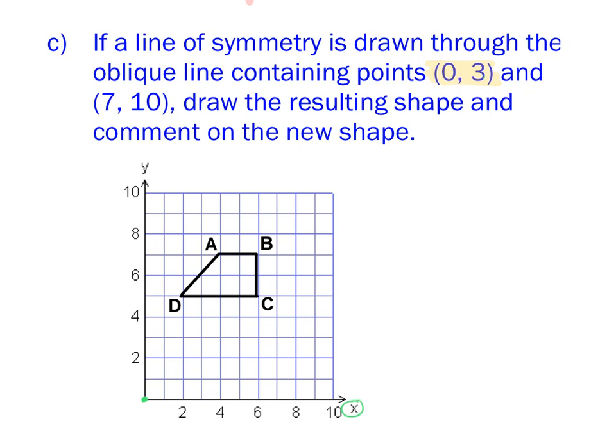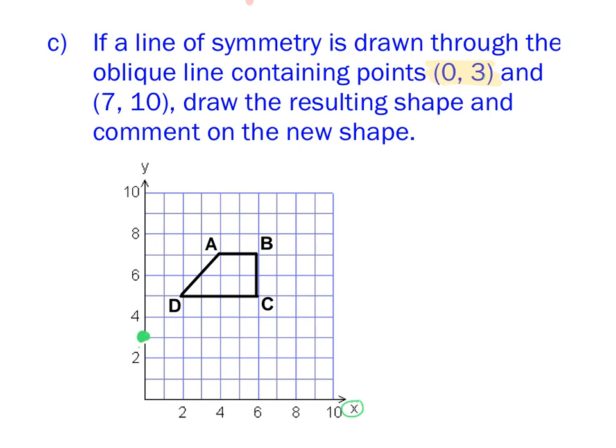So that's the y value right there. So this point right here represents the point 0, 3, because the x value is 0 and the y value is 3. Okay.